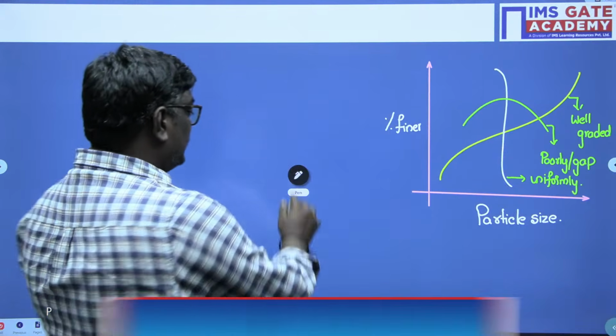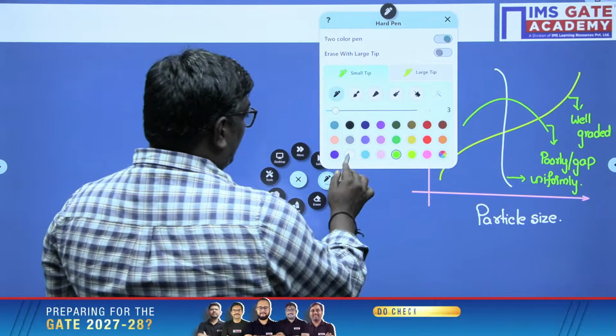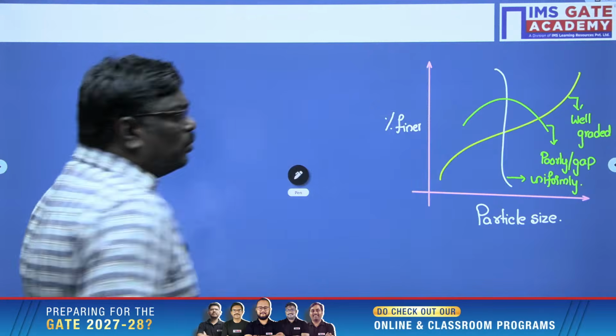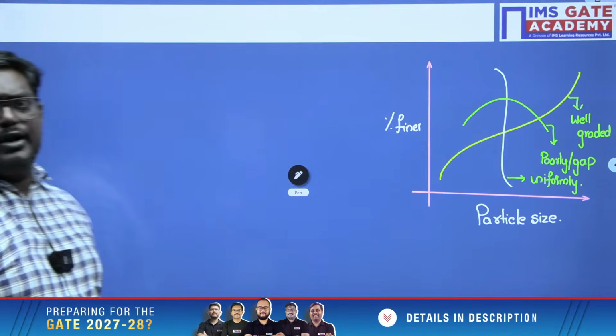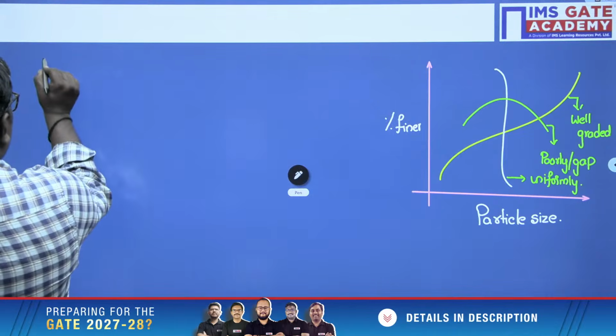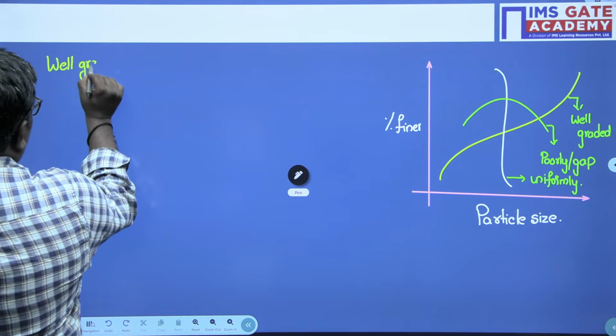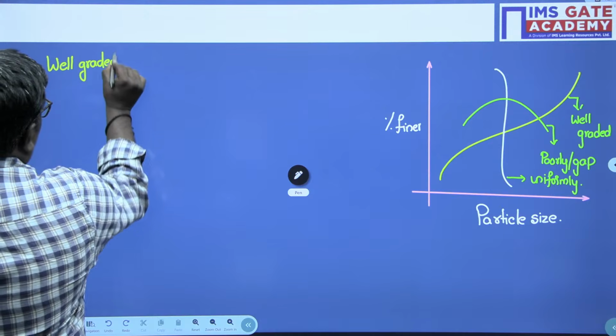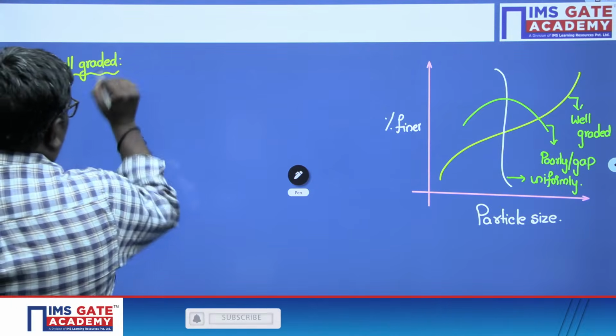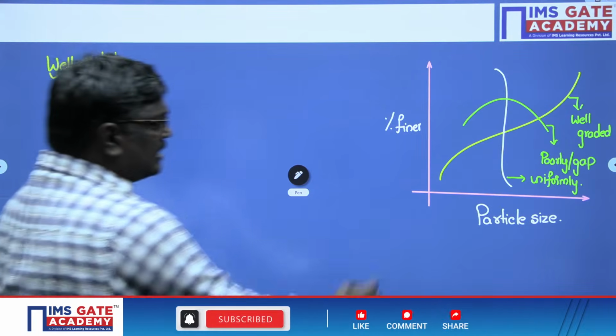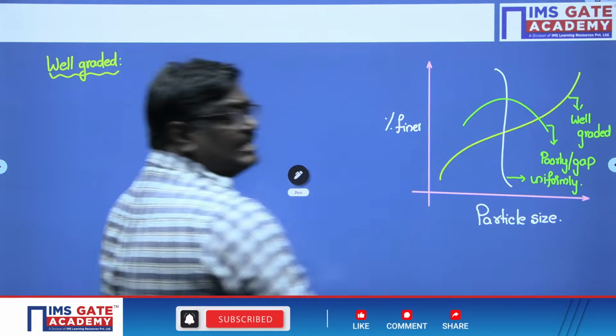So, my dear students, let us understand what we mean by well graded, poorly graded and gap graded. Are you following, sir? Here, if I talk about well graded, what is well graded, sir? Well graded shape, if you see, is something like an S shape.